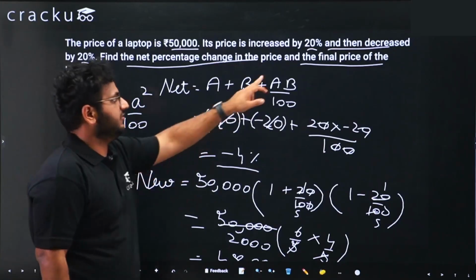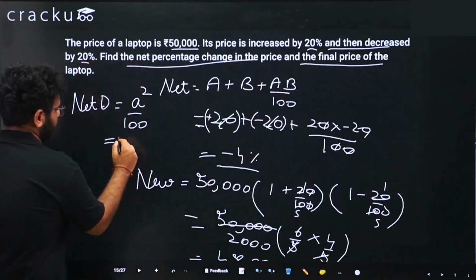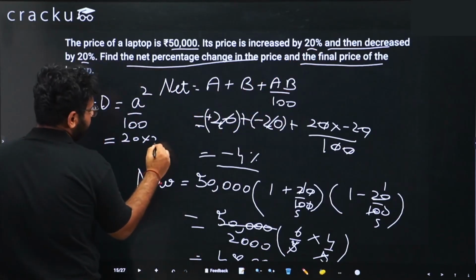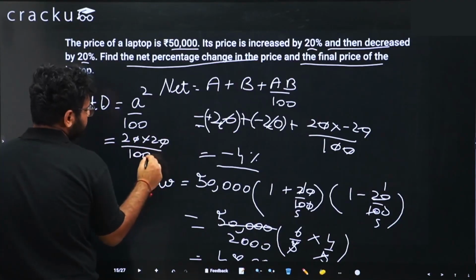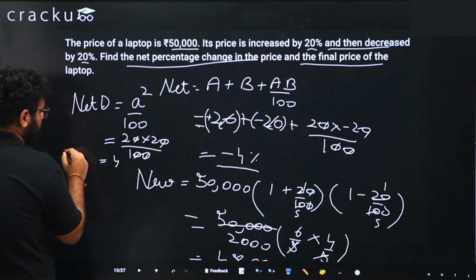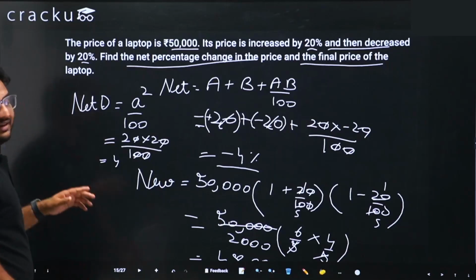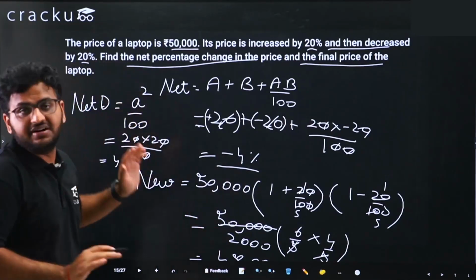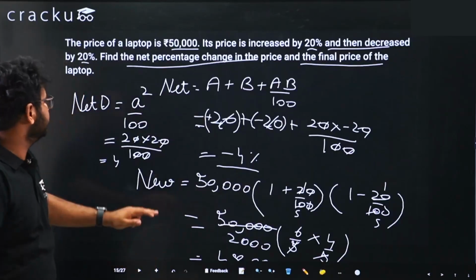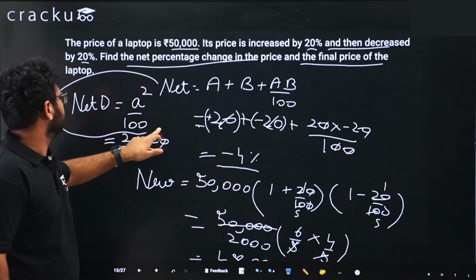So A is 20. So this will be equal to 20 into 20 divided by 100, which is 4. So always remember, when it is increasing by the same percent as it is decreasing, then the net value will always be decreased by A square by 100.